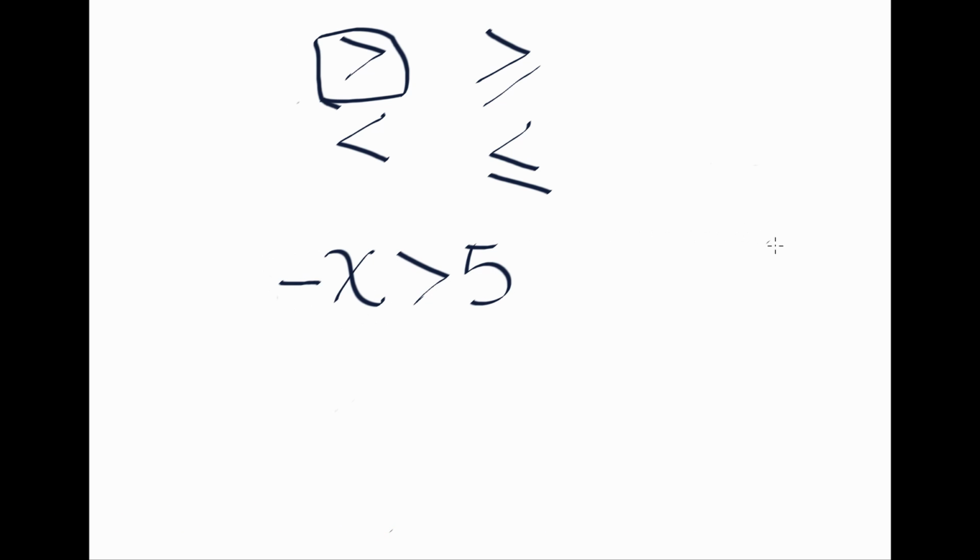It's just that when we multiply or divide both sides by a negative number, we need to change the direction of the inequality. So for example, if we have negative x greater than 5, and we multiply both sides of this equation by negative 1 to make our x positive, the inequality will now look something like this.